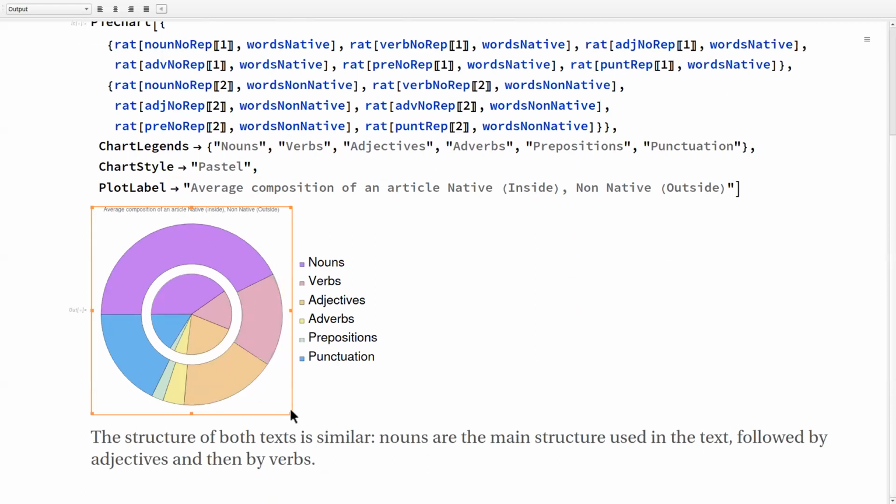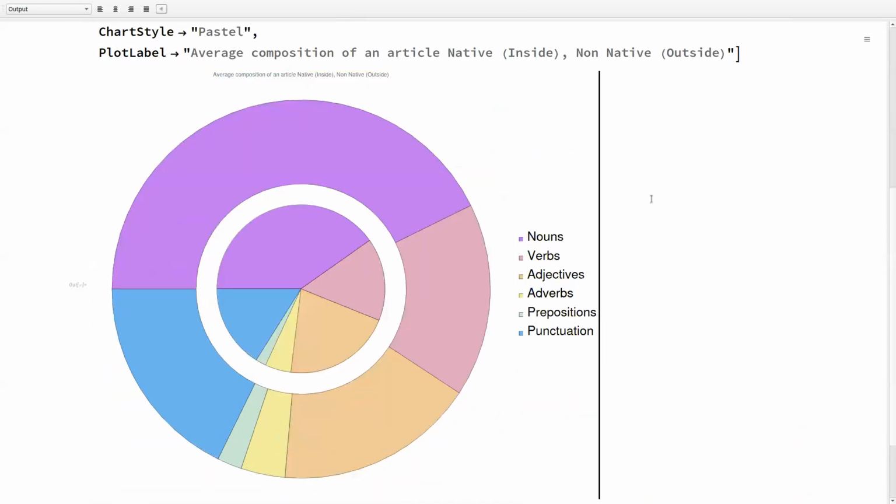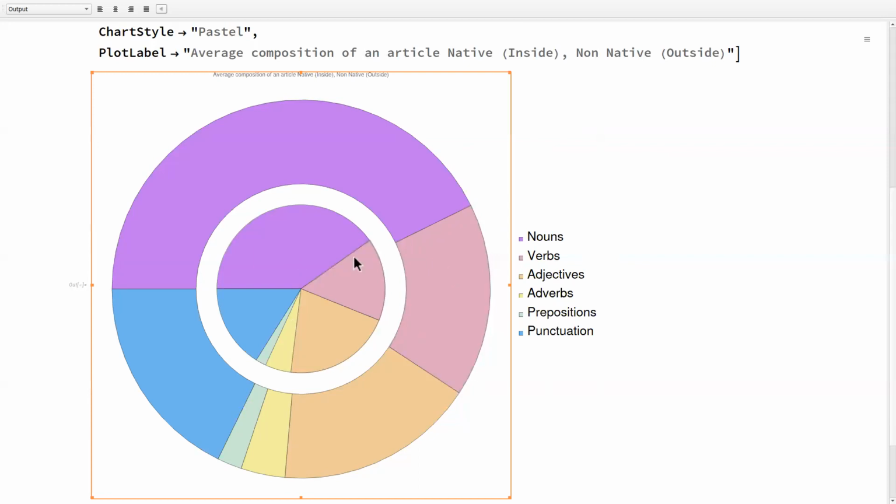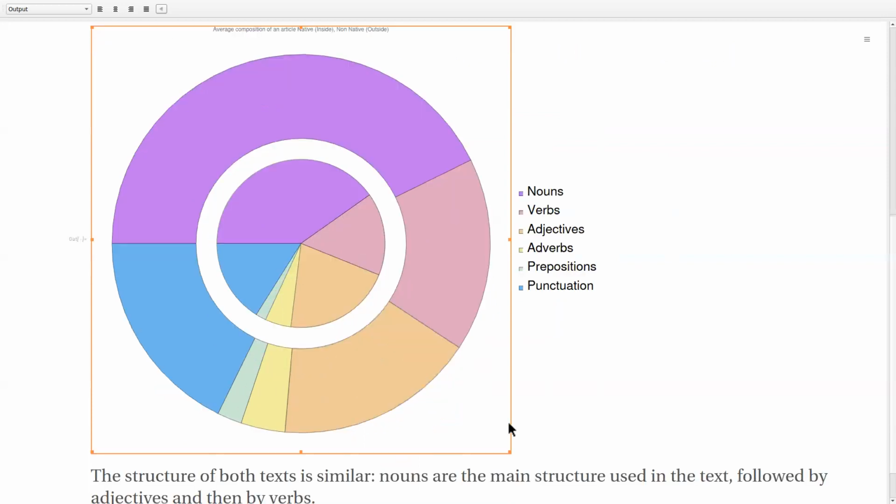So non-natives are outside and natives are inside. So again, punctuation, prepositions, and adverbs are almost the same, but we have a difference here between verbs, that are more used by natives, and adjectives.